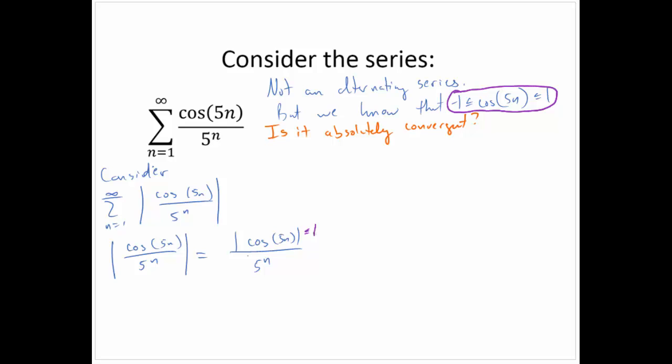Since the cosine of 5n moves between -1 and 1, then under absolute value, the cosine of 5n must be less than or equal to 1. And so then we can say that the absolute value of cosine of 5n over 5 to the n is less than or equal to 1 over 5 to the n.